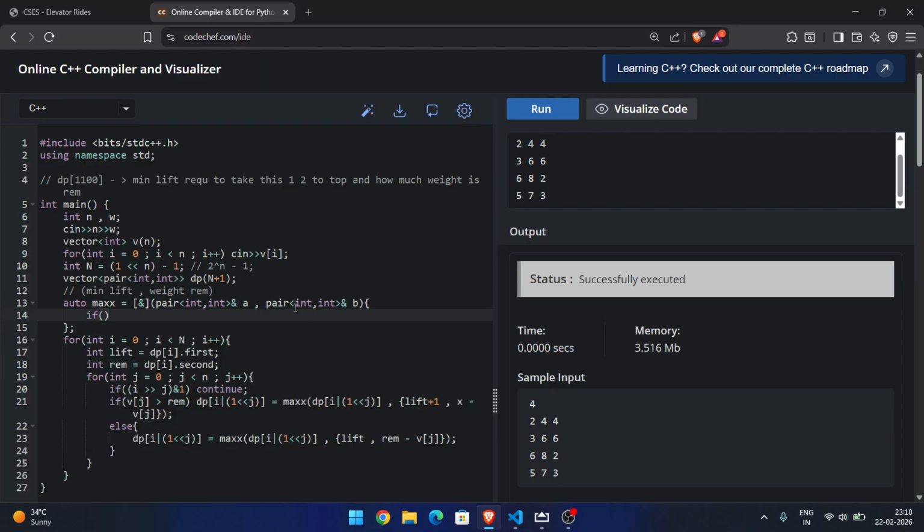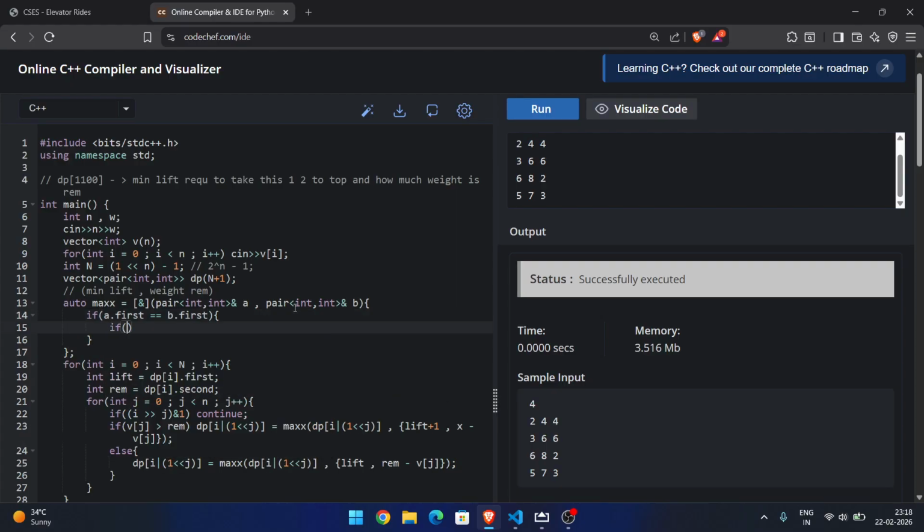If a dot first is equal to b dot first, then in that case, we would compare the second value. Second value should be smaller. Sorry, the second value should be bigger, because the more the weight remaining, the better.